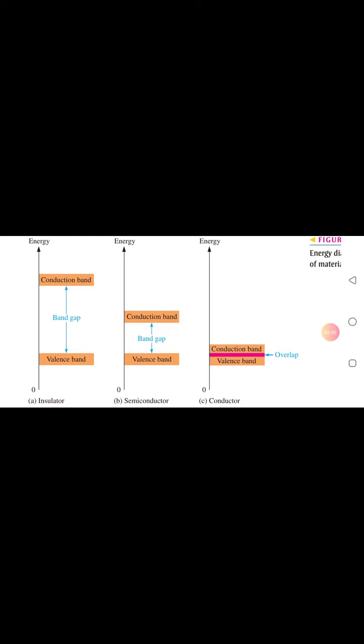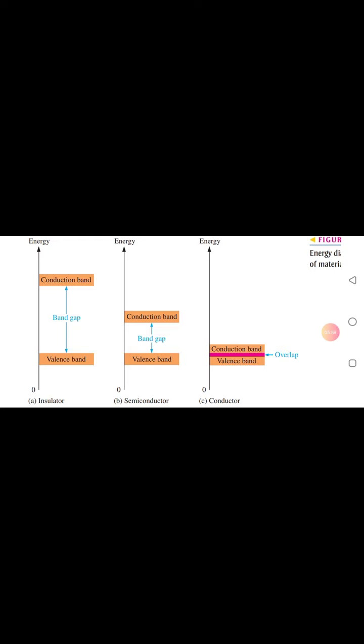Then the electrons of the insulator present in the valence band will be able to jump towards the conduction band. So it is practically very difficult to give a large amount of energy externally to an insulator.